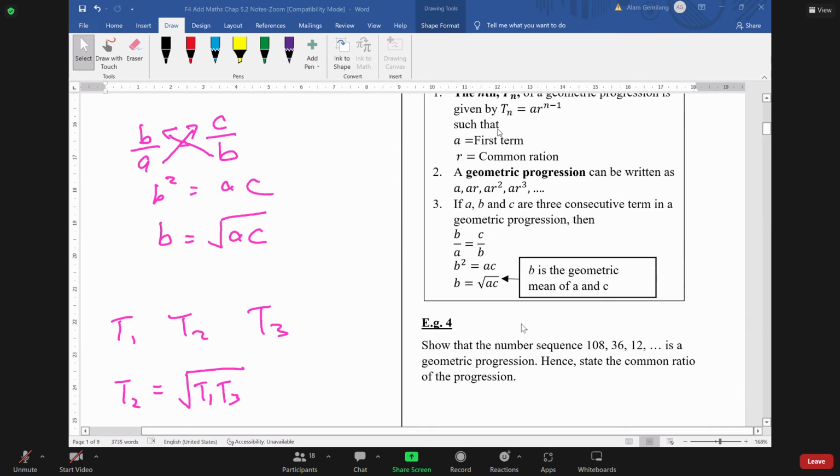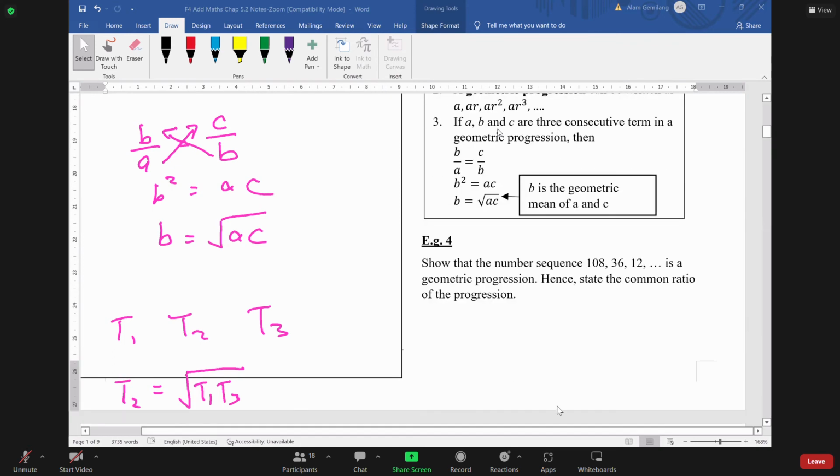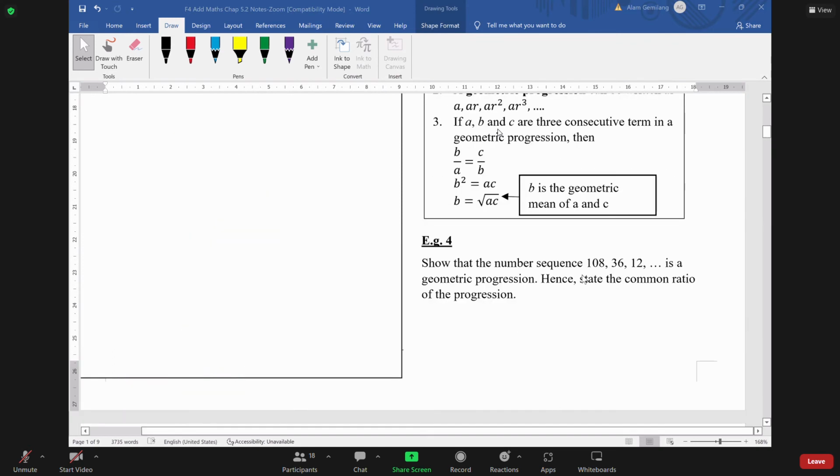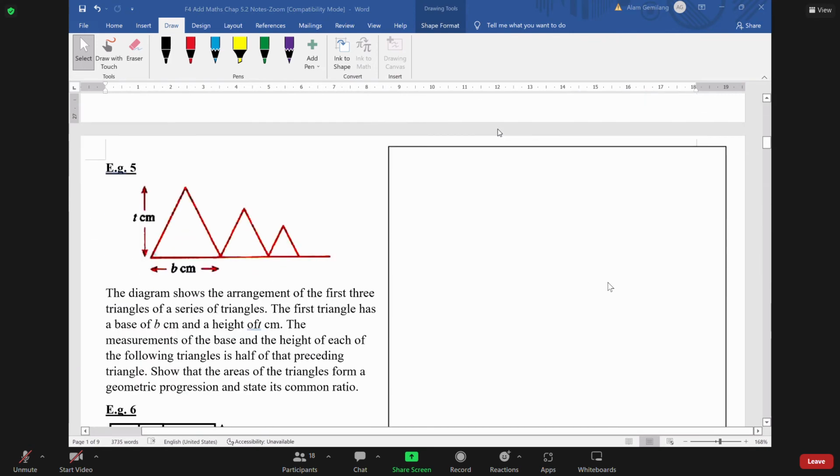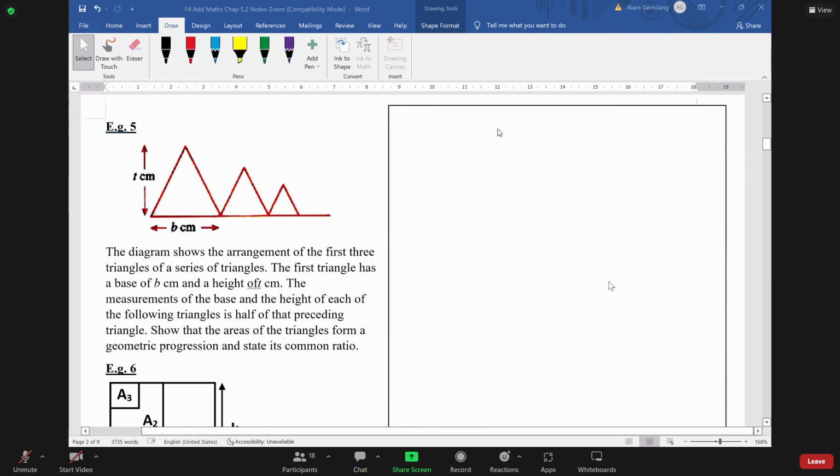So we look at example 4 now. Show that the number sequence is a geometric progression, hence state the common ratio. This one you just divide only, so skip. Okay, you do example 5.